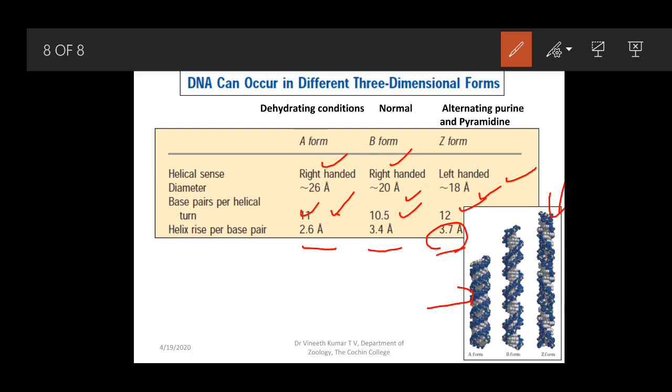So this is a general idea about the structure of DNA. We talked about the different structural peculiarities of the DNA and the Watson and Crick model, and also saw the different types of DNA: A form DNA, B form DNA and Z form DNA.